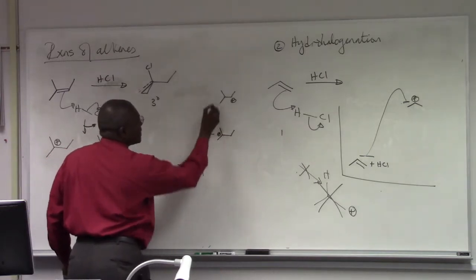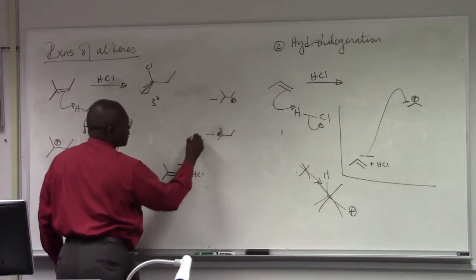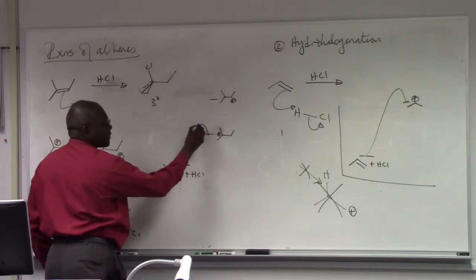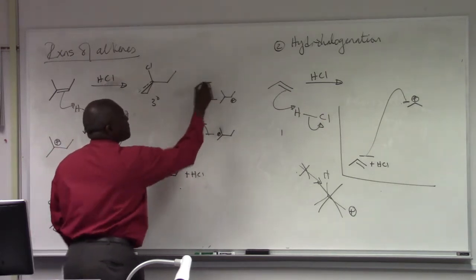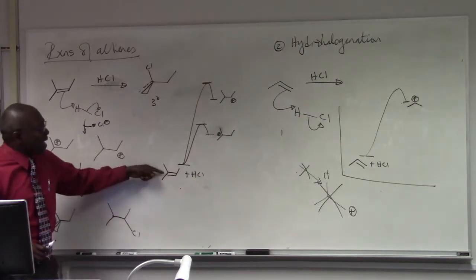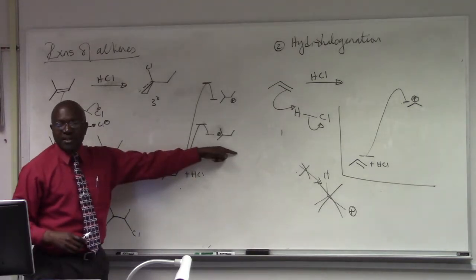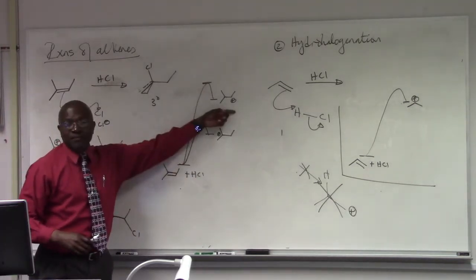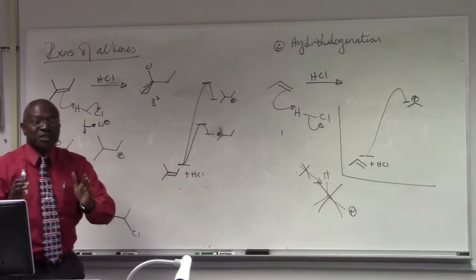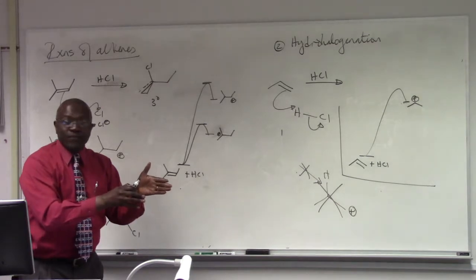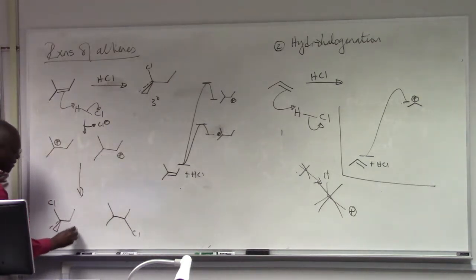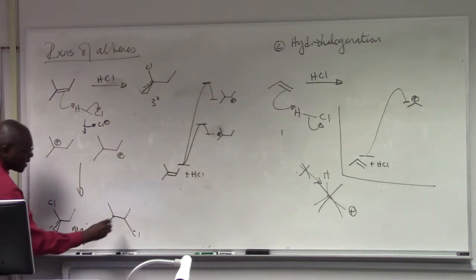So both of these species are accessible, although the tertiary is accessible via a lower transition state than the secondary. So what's going to happen is I'll make more of the tertiaries than I will of the secondaries. And that in itself would suggest that the tertiary product would be the more abundant. Right? In other words, this is the major product, and this would be minor.